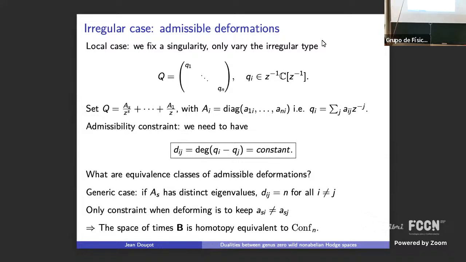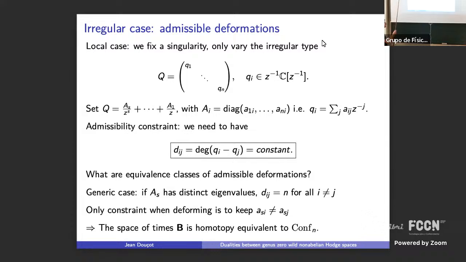And so, now that you have this definition of admissible deformation, you can wonder what the equivalence classes of irregular types are. This defines an equivalence class on irregular types. The very simple case is if your leading term has n distinct eigenvalues, so that those degrees are n for all pairs ij.